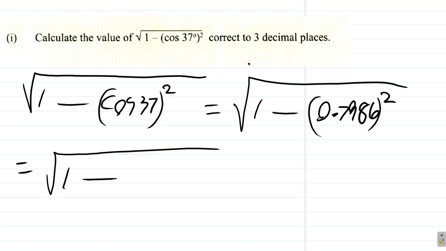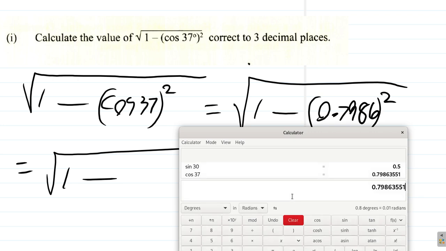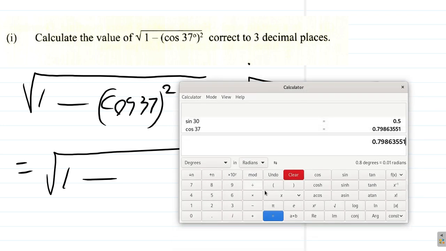Now you see the 0.7986, you're going to square it. Alright? So let's see now, where's the square button? There's no square directly on this calculator. So I'm going to say raised to the power of 2 then. Equals 0.6378.